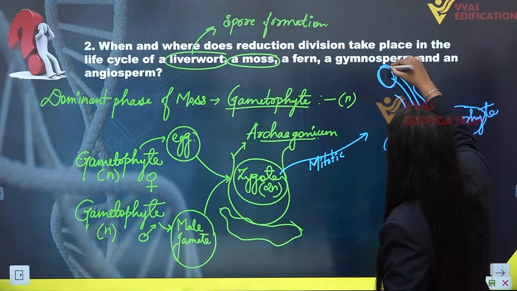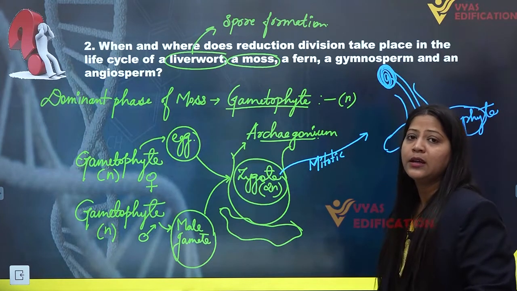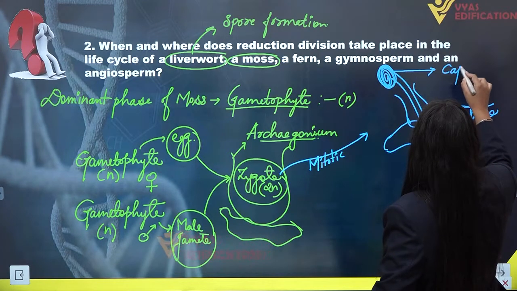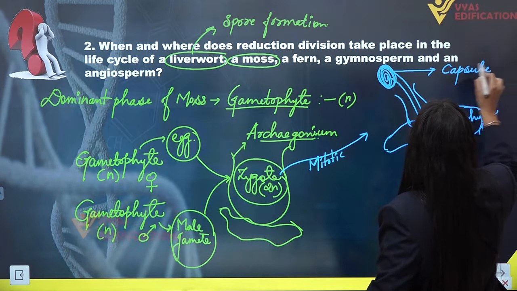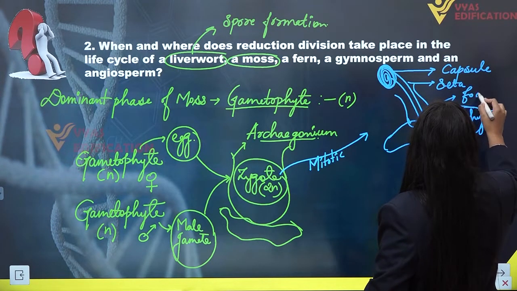This sporophyte has three components: first is the capsule, second is the seta, and the last one is the foot.